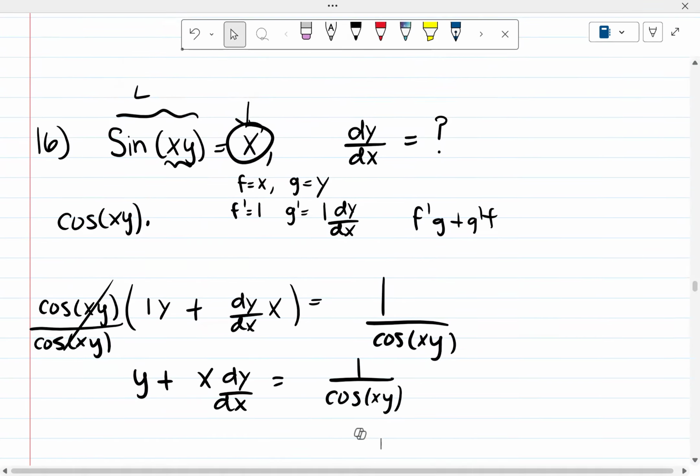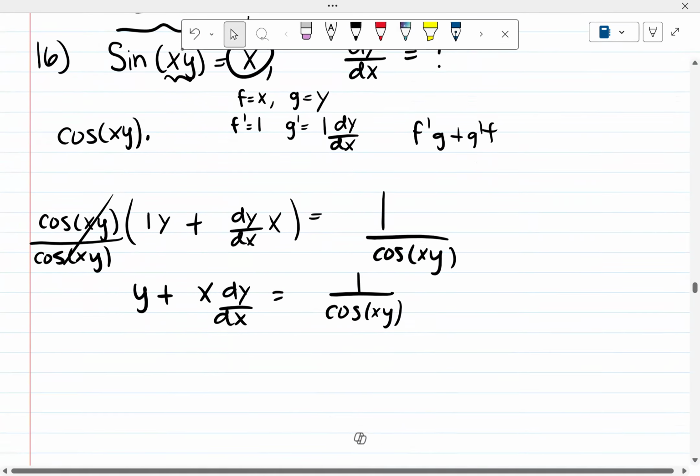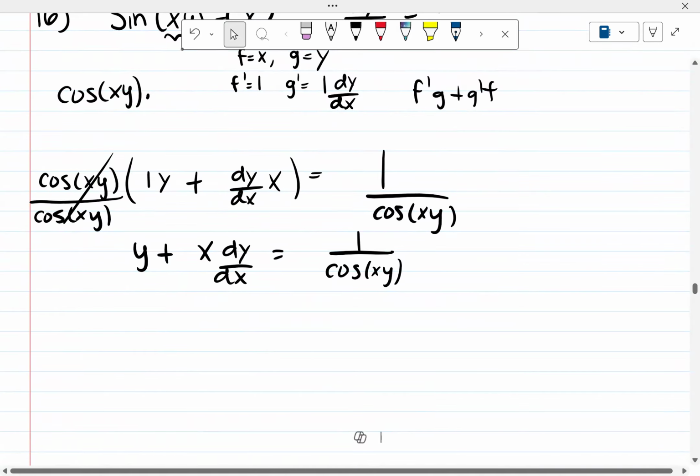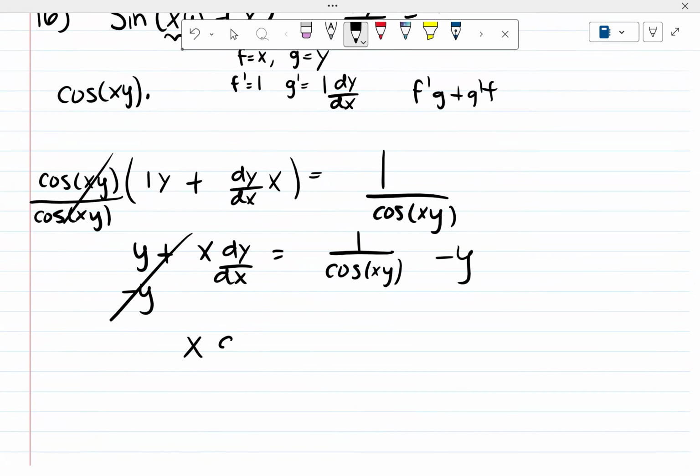And then continue solving for dy dx. So what I would do next is subtract y. So you get x dy dx equals 1 over cosine of xy minus y. And then lastly, get rid of this x by dividing everything by x.